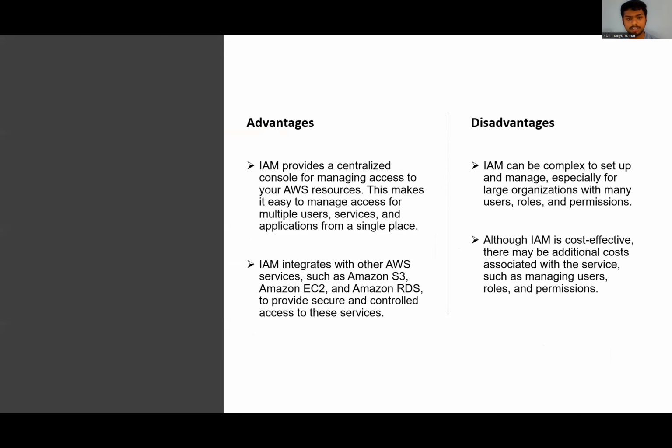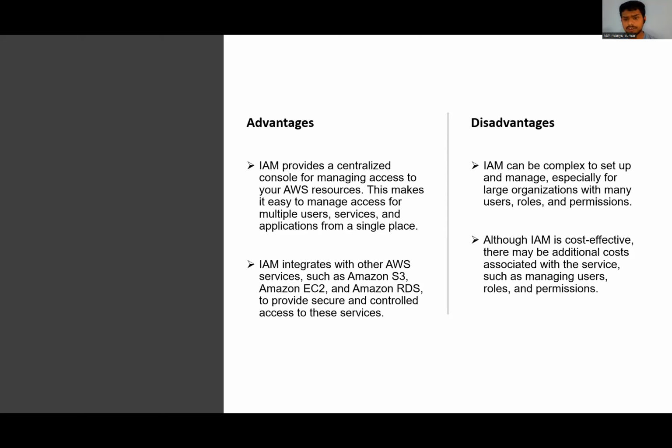Advantages and disadvantages of IAM. IAM provides a centralized console, so it is easy to manage access for multiple users or a single user. We can also integrate with other AWS services like S3, RDS, Elastic Beanstalk and so on.